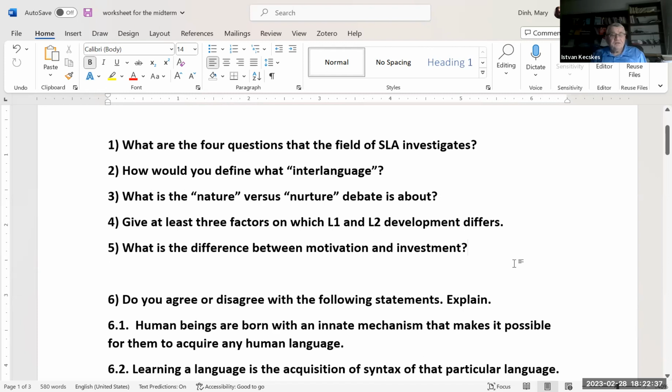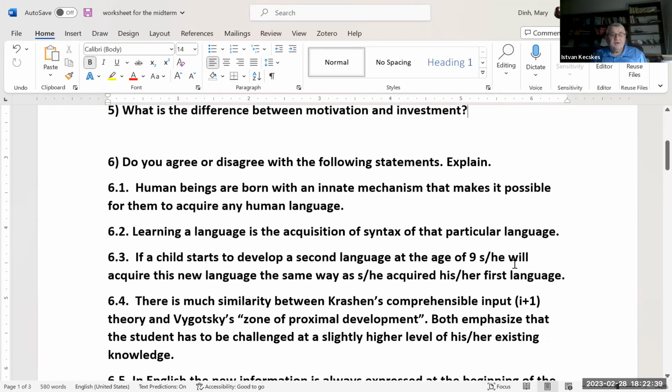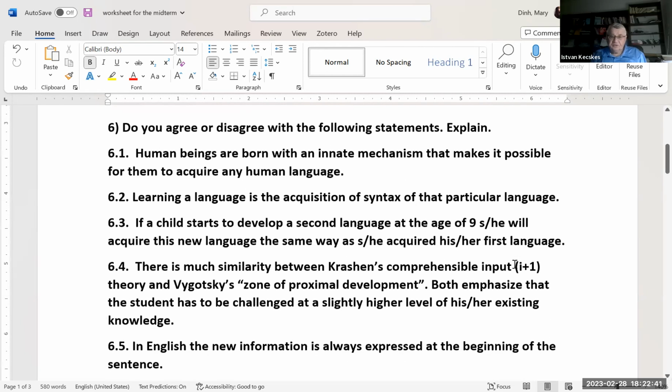All right, so let's see the next type of tasks where you have to disagree or agree with something. It's very important that in these cases, you have to give an explanation, no matter what your selection is, whether you agree or disagree with something. I always emphasize that in these cases, everything depends on your explanation, how you explain something, because there are cases when the answer is in between.